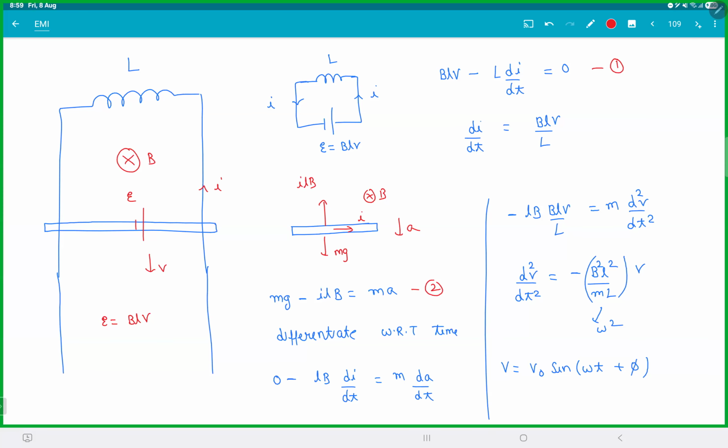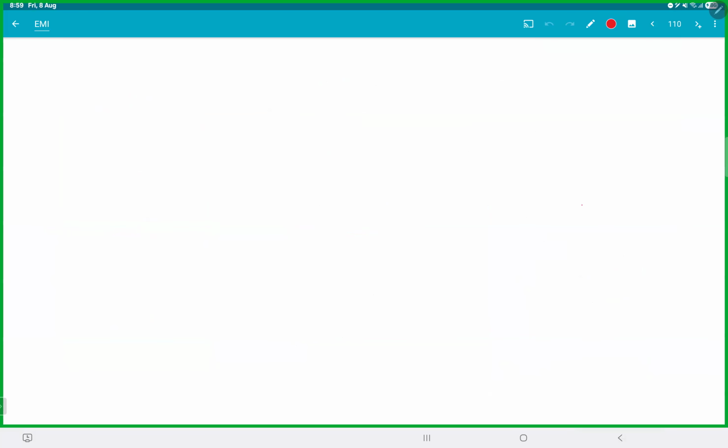How do we get it? Look at the initial conditions. At t equals 0, your velocity is 0 and acceleration was g, isn't it? A is g because initially current was 0. So there is only one force, mg. So initially acceleration was g.